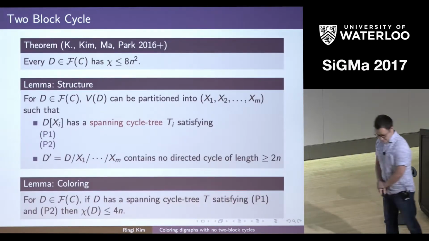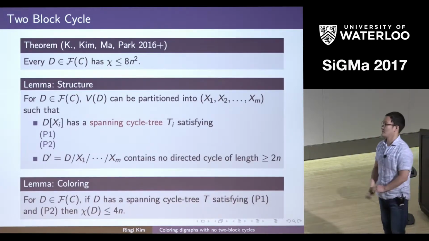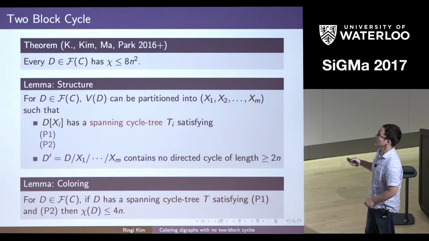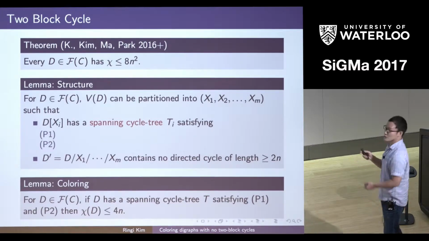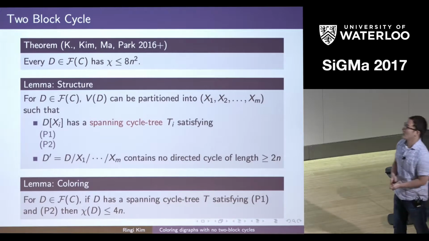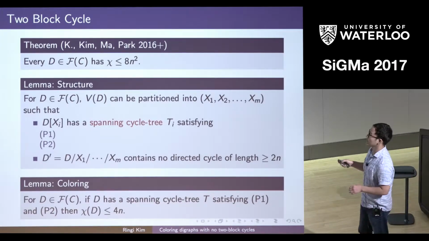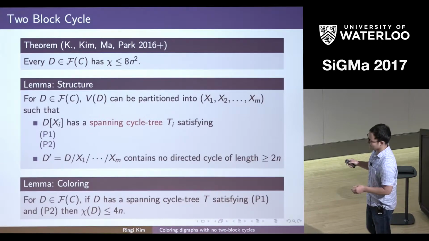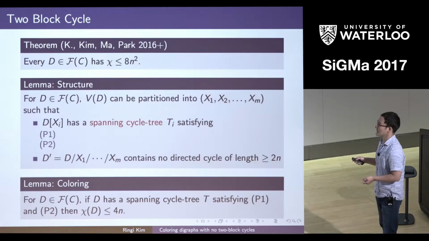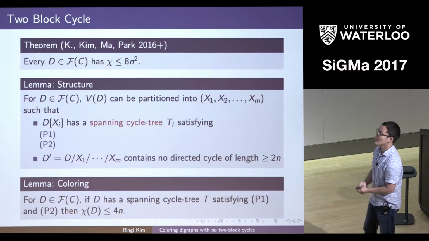To prove this theorem, we need two lemmas. The first lemma is about the structure of a strong digraph D not containing any subdivision of C, and the second lemma is about coloring.